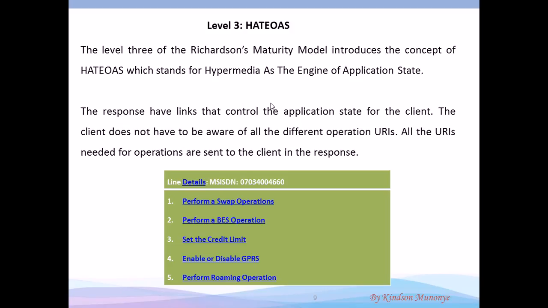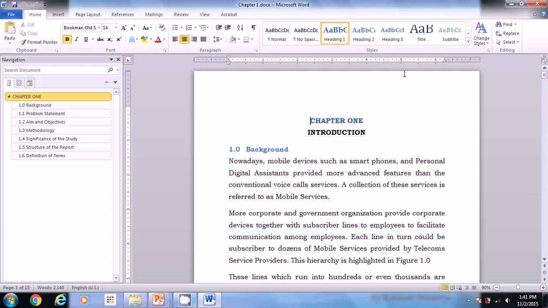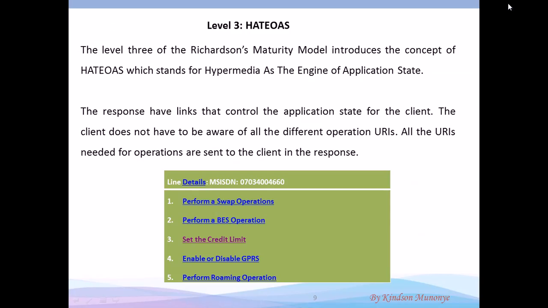You only provide a link to direct them to each part of the website or of the information you want them to get. So if you implement this by providing unsolicited links for other operations that the user might need, then that is HATEOAS, and you've attained level 3, and at level 3 your web service is fully RESTful. So that is REST web services and the Richardson's maturity model.